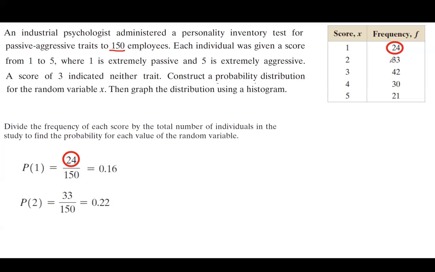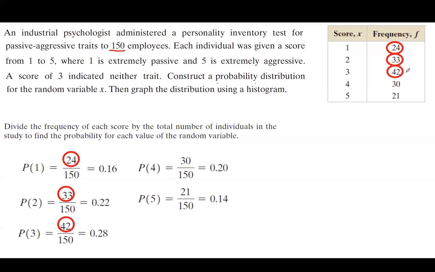Next, the probability of score 2 is 33 divided by 150, or 22%. The next probability is for 3. The probability that you randomly select a person and that person got 3 is 42 out of 150, or 28%. The probability of 4 is 30 over 150. The probability of 5, the perfect score in a quiz example, is 14%.